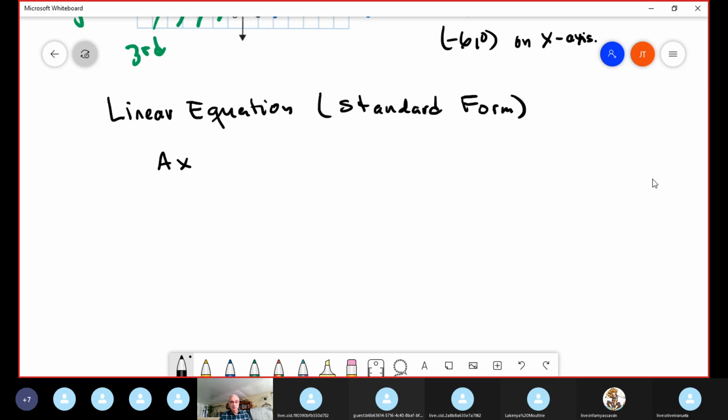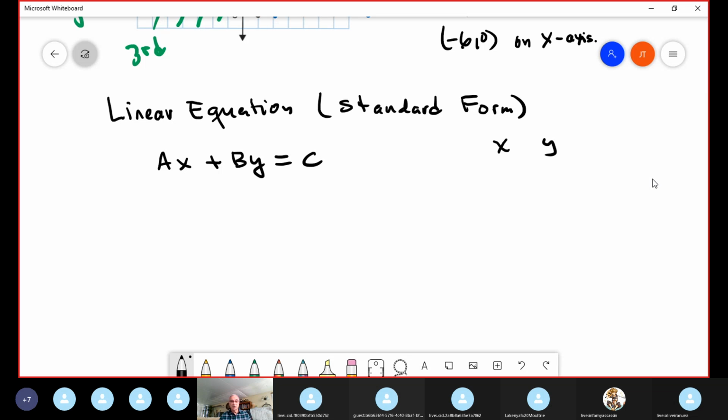Look, ax plus by equals c. Remember, the variables are x and y. Remember, x is the independent variable. Independent means free, totally free. And y no, y is subject to the formula.